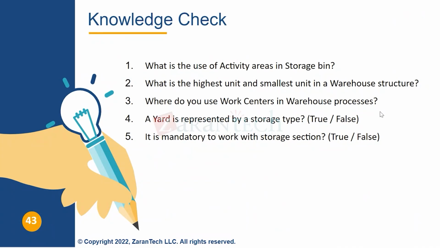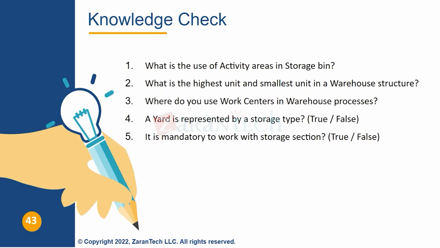Work center is the area where you will perform your particular activity, like packing or reworking on the pallet. Suppose from the truck you will get one big pallet of products. Once you do the unloading, after unloading you have to unpack, or remove that box and take out the materials from that particular box to put into the particular bins.